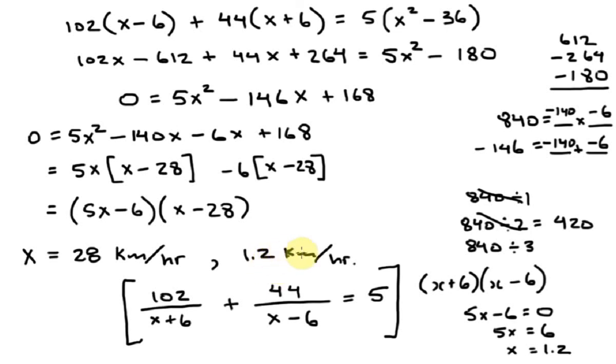You're going backwards. So this doesn't really make sense, so we're going to reject that. So this is our answer over here. The boat speed is 28 kilometers per hour. And with that, I'm going to stop and come back with our last applications question.